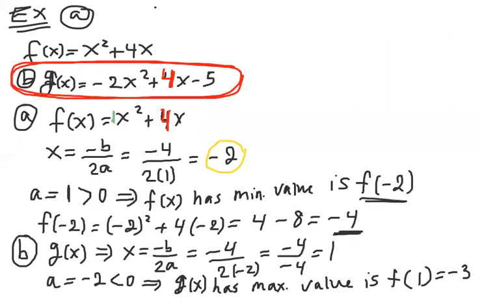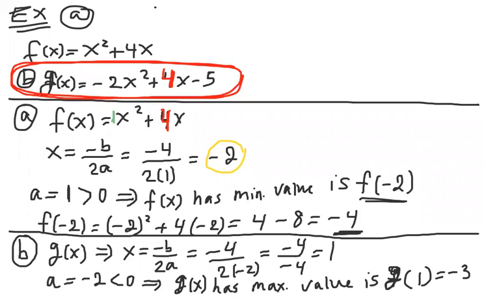Did you plug one into f of x or into g of x? Because I'm working in g of x, for the second one. Yeah, g of x here, g of 1, because the second function is g and the first function is f.